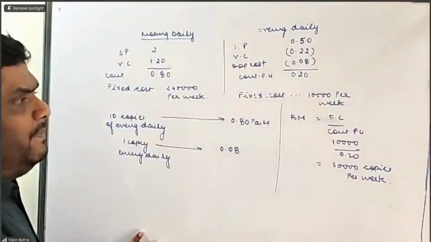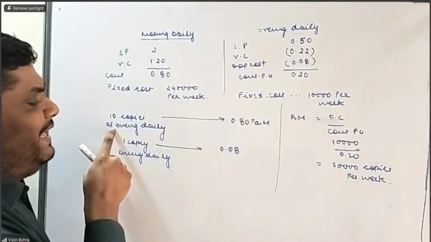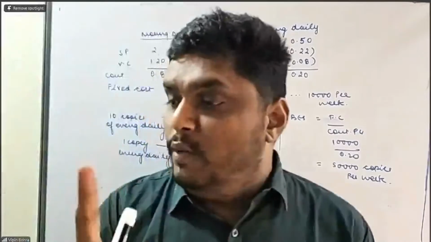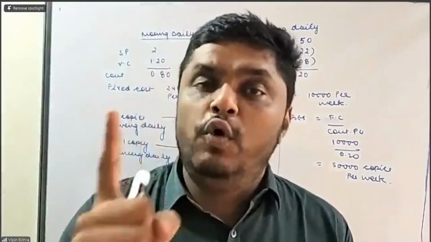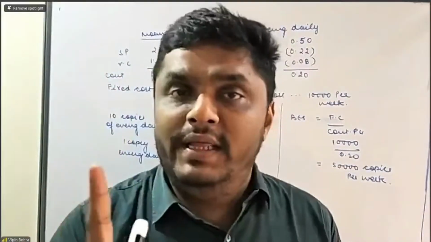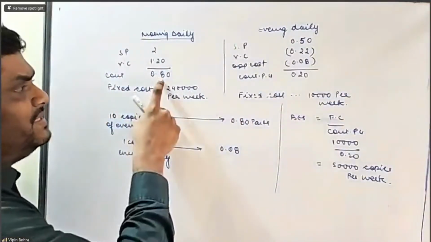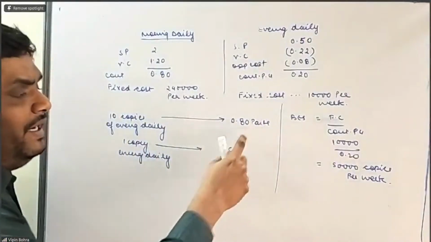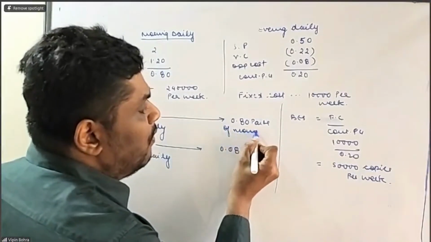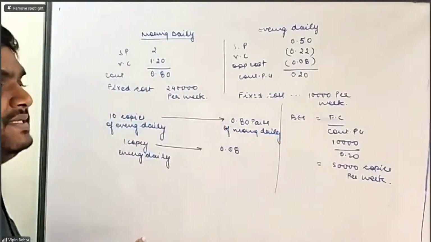See, Tanu, very simple. This is the data given. Now it is given for every 10 copies of evening daily, we will lose one copy of morning daily. It means we can say for every 10 copies of evening daily, there is a loss of contribution of 80 paisa of morning daily. हर 10 कॉपी पे 80 पैसा का नुकसान होता है.